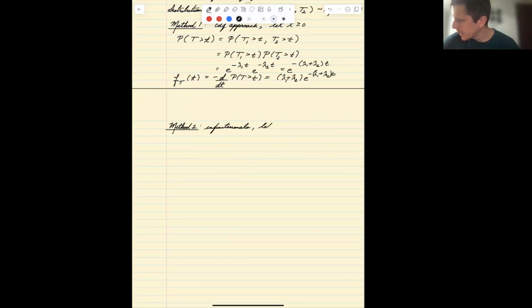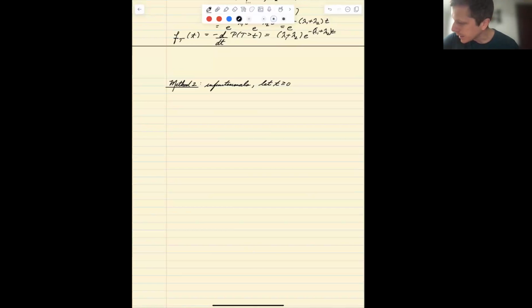So another way is to do it by infinitesimals. Let's say there's a density, then what's the effective probability of having a death or a failure exactly at time t? Well, this would be the probability that t is greater than t minus dt, but less than or equal to t.